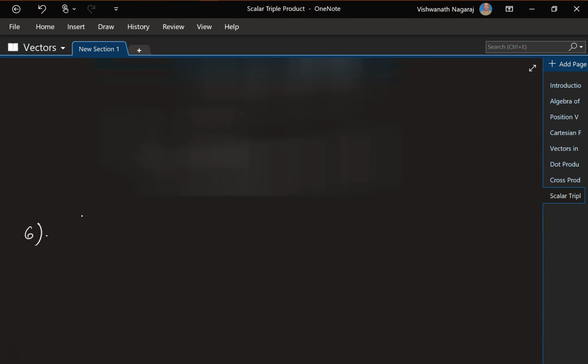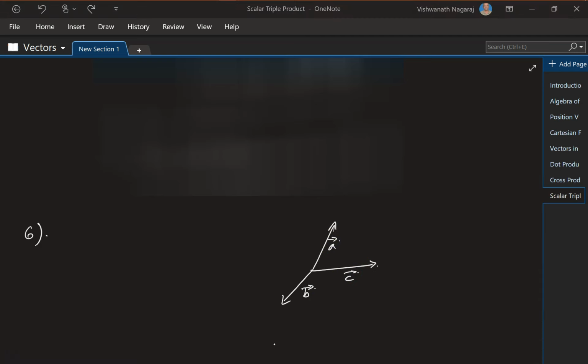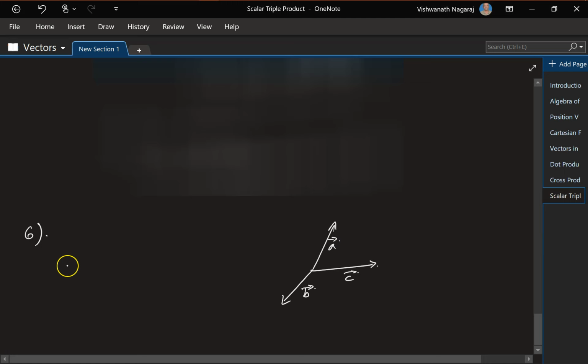So let's say we have A, B, C as coterminal vectors. This is B, this is C, and this is A. Now B cross C. So let me write it down.